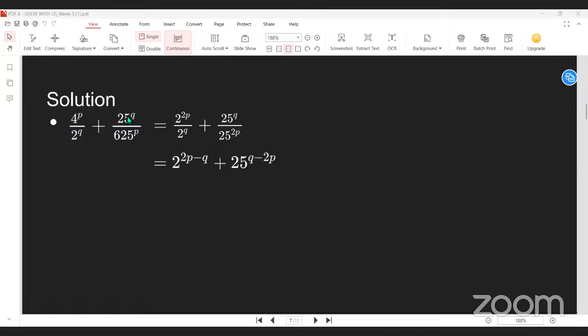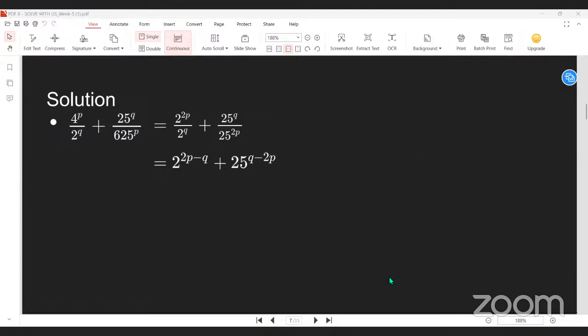And 25 to the power q upon 625 to the power p can be written as 25 to the power q upon 25 to the power 2p. Again the base is the same, so the exponents subtract: 25 to the power q minus 2p.